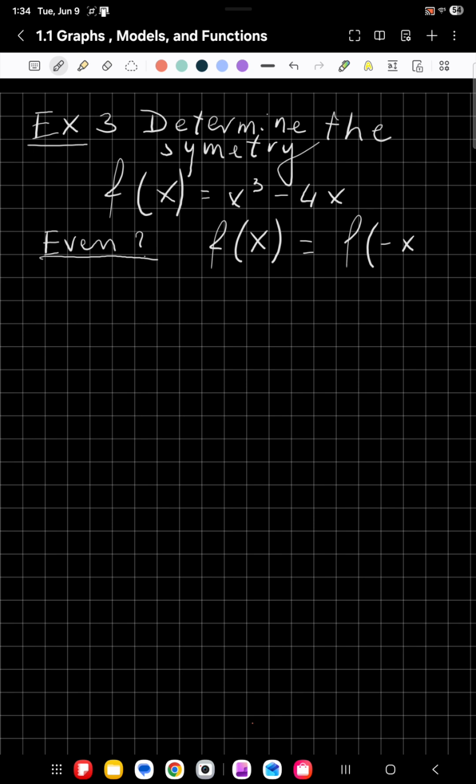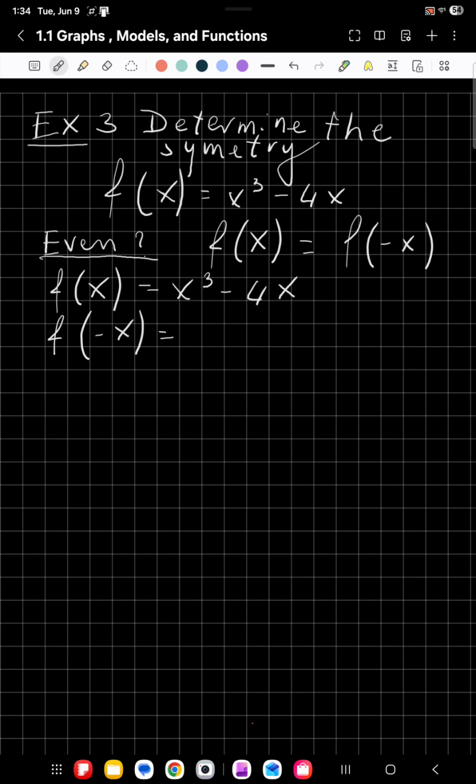And so those two should be the same. So we have the original, let me rewrite it here. So f of x was x cubed minus 4x. And I'm supposed to check whether, if I plug in negative x into the function, I'm going to get the same expression, or the same function.